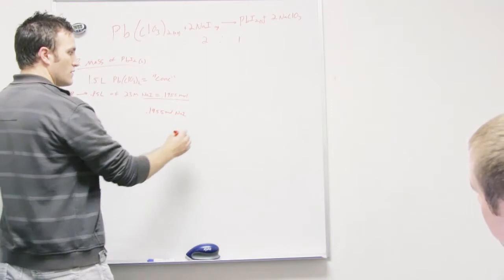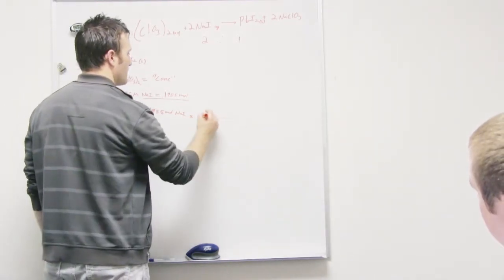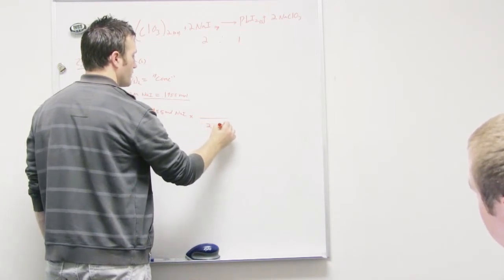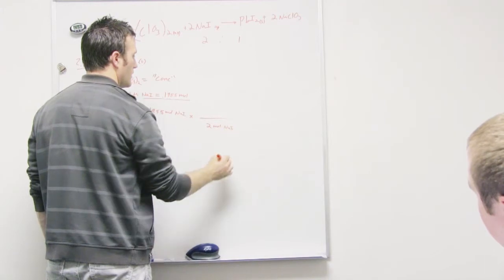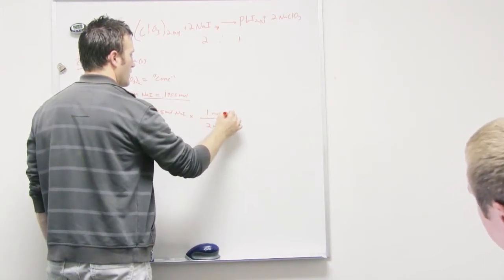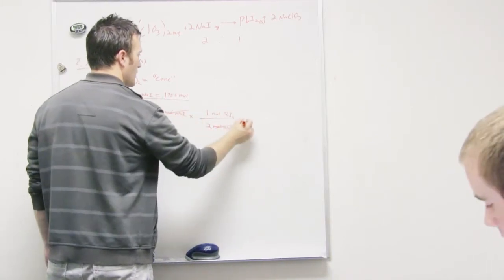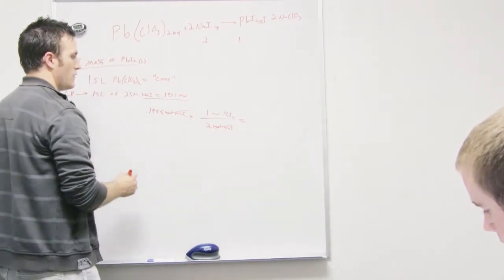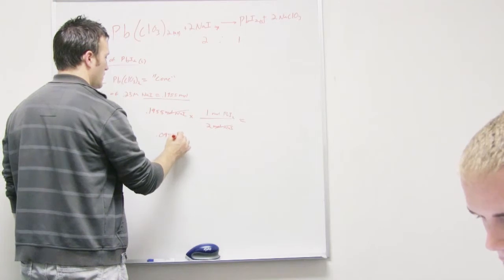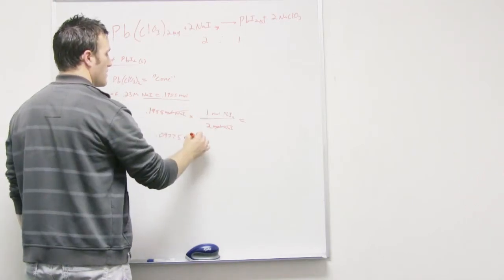Then we can do a molar ratio: 2 moles of sodium iodide on the bottom, and on top 1 mole of PbI2. And that's about 0.0975 moles of our precipitate.